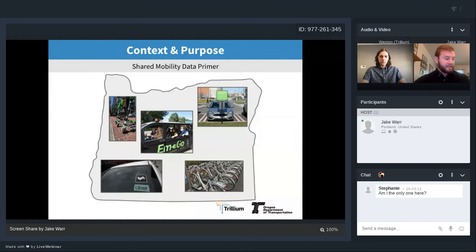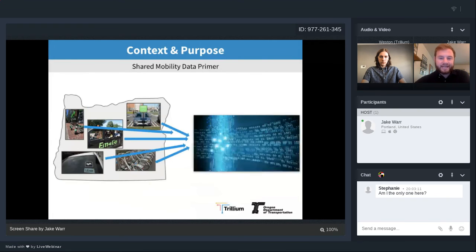The issue with this is that these services produce so much data, and there are so many considerations around that data, that communities and jurisdictions were not quite prepared to know what to do with it.